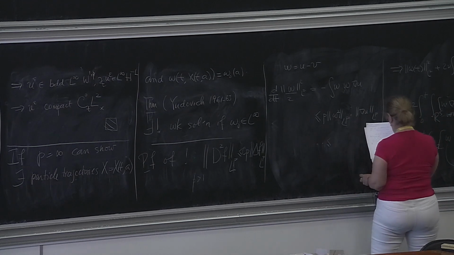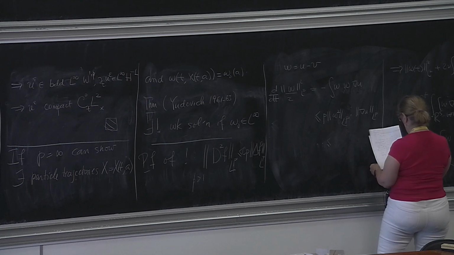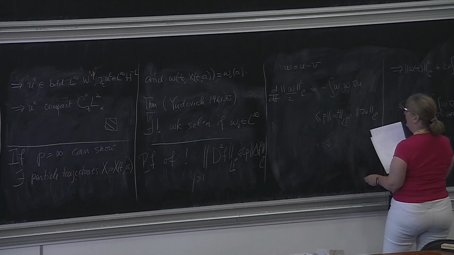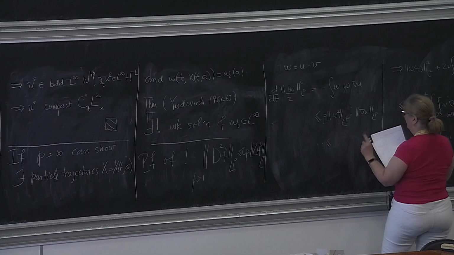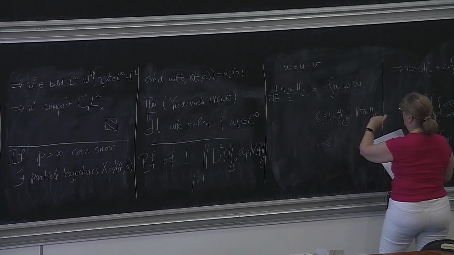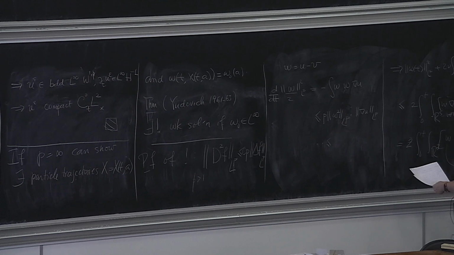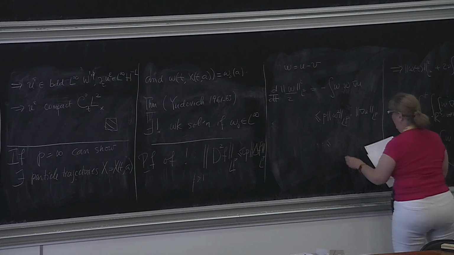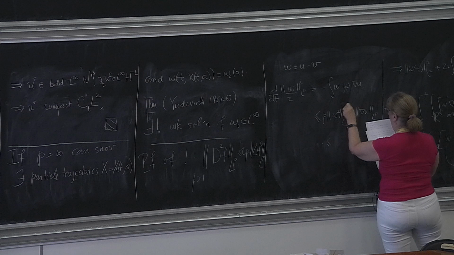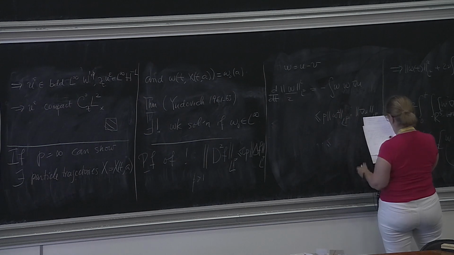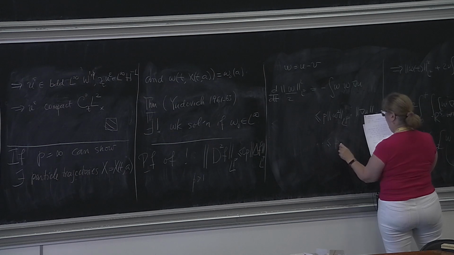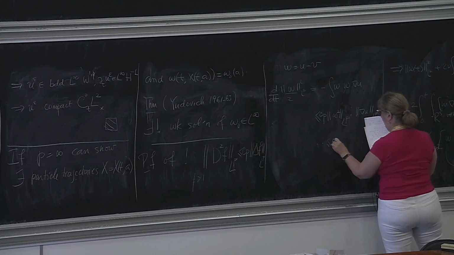Less than or equal to, what's the bottom line here? Sorry about that. This is the velocity. So this guy becomes L^p prime, just like so. And then finally what we get is a constant C_p here.